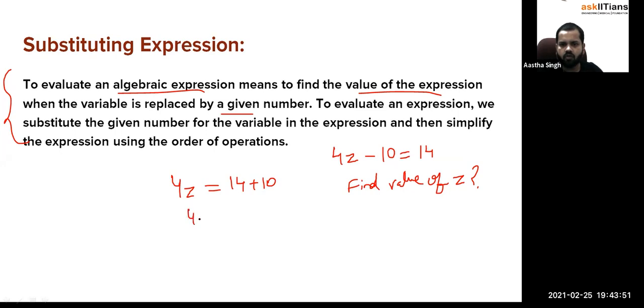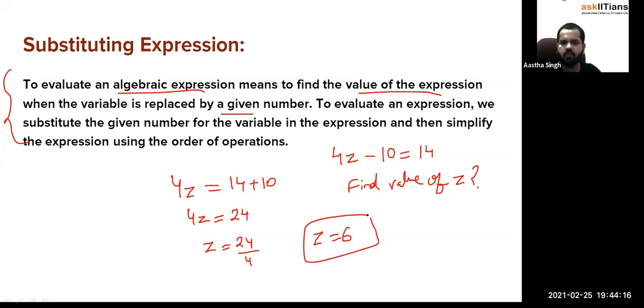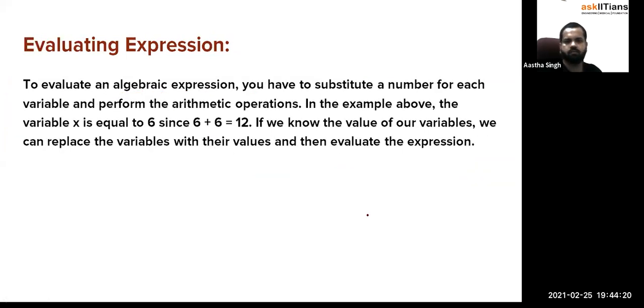So 4z will be equal to 14 plus 10, which is 24. So z will be equal to 24 divided by 4. Because 4 and z are multiplied, if 4 goes to the other side, it goes in the form of division. So z will be equal to 6, since 4 sixes are 24. I think you all got the point.